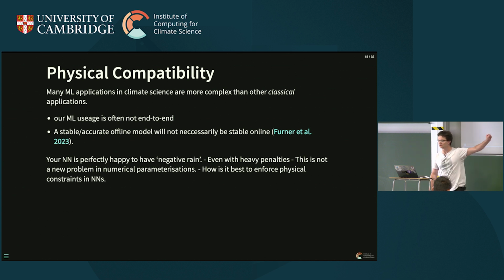Slap it back in your model, and you'll find the whole thing crashes, and you've spent a long time finding a way to crash your model. So offline models are not necessarily going to be stable online, and this is because even though you're emulating a parameterization, you're not going to perfectly reproduce it.